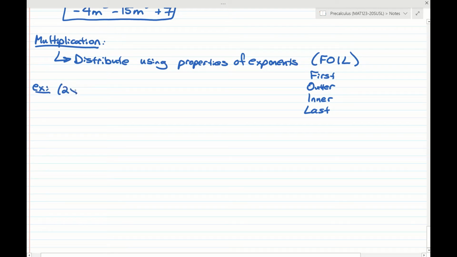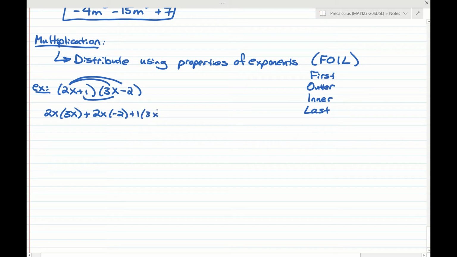So we had 2x plus 1 times 3x minus 2. We'll distribute the first terms. 2x times 3x is 6. X times x is, you add the exponents. So let me show you all the steps, at least for this first one. 2x times 3x plus 2x times negative 2 plus 1 times 3x, and then plus 1 times negative 2.